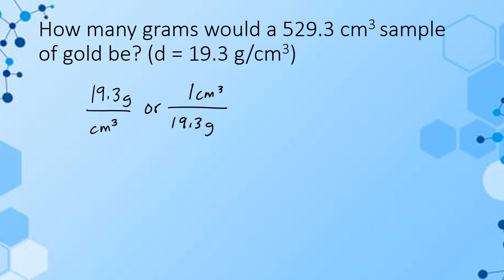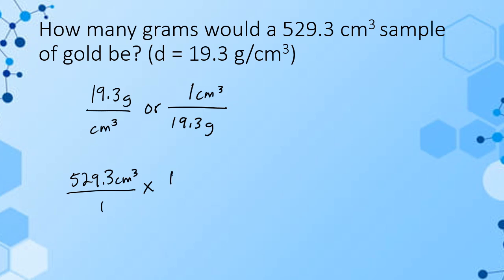We'll start with what we know, 529.3 centimeters cubed of gold. I'll put that over 1 just to keep everything in place. I'm going to multiply it by my conversion factor to figure out how many grams that is. So I'm trying to cancel out the centimeters cubed. I'm going to use the conversion factor that has the centimeters cubed in the denominator because it's in the numerator first.